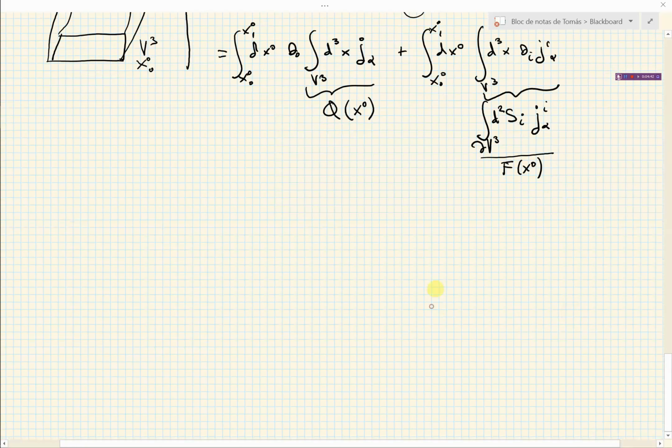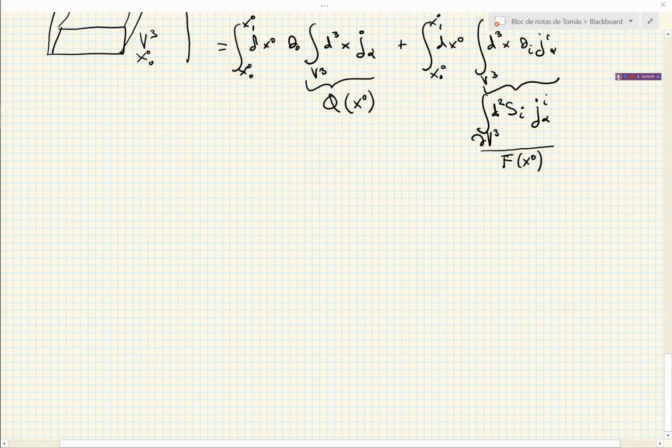Okay, now we arrive to this expression. The first integral over time is this, but now this partial derivative becomes a total derivative because it acts on something that only depends on time.